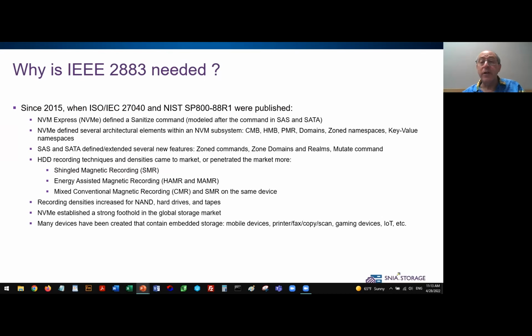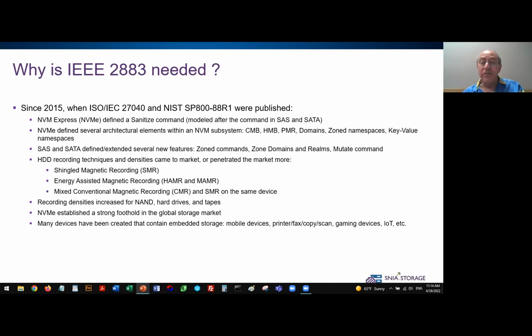We've got a mutate command that'll let you turn it from one type of hard drive into another type of hard drive. Different kinds of recording techniques have penetrated the market and are continuing to penetrate the market. And recording densities have gotten huge since 2015. So we address that as well.